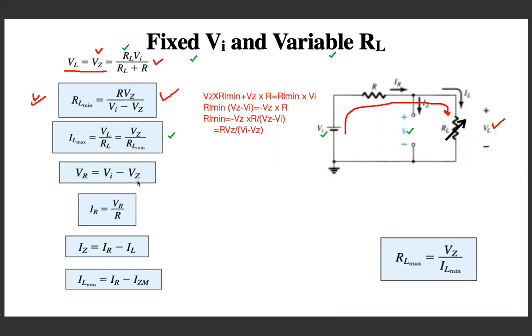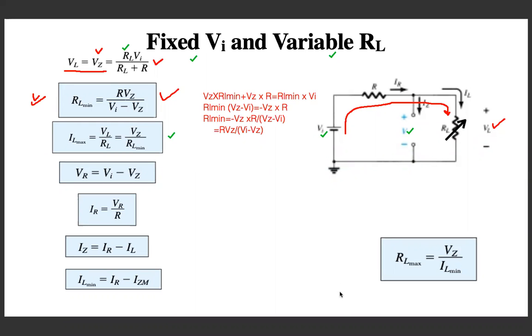Now you have to remember that in all this process, we want to keep the Zener diode on. So our equivalent circuit in that case becomes something like this.